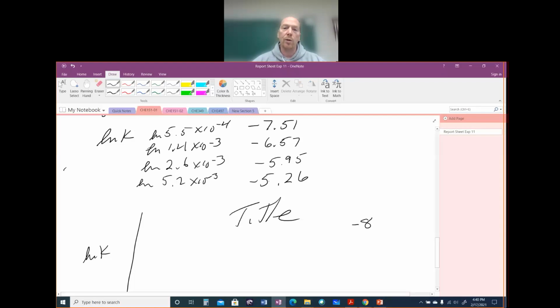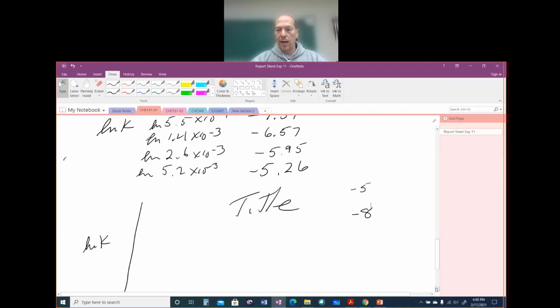And then I would go a little bit higher than my highest number, so I'm going to say minus 5. All right, so I want my scale to go from my lowest possible number, which is negative 7.51, but I'm going to say on my graph, I'm going to make it minus 8. And then it needs to go up to a negative 5.26. I'm going to go up higher than that. I'm going to go up to a negative 5.